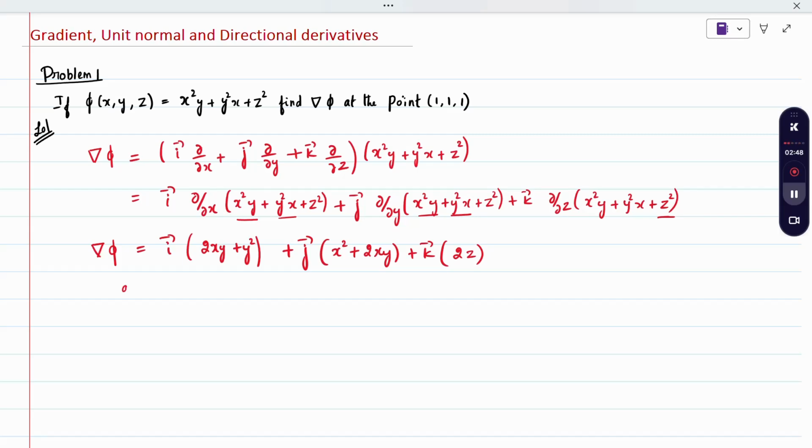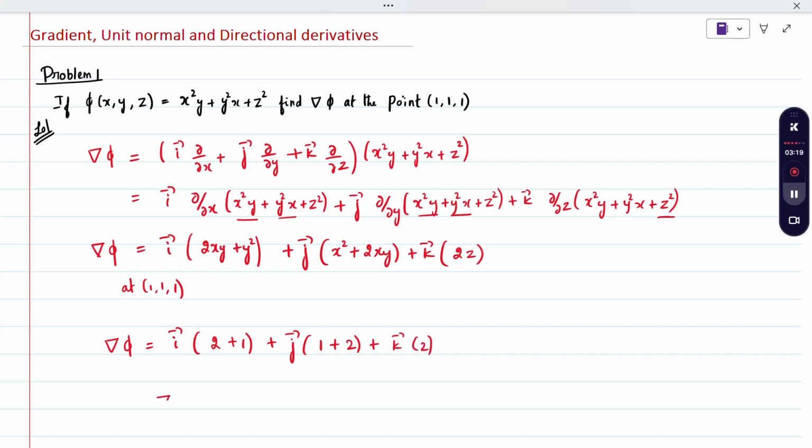So substitute at 1, 1, 1. At x equal to 1, y equal to 1, z equal to 1, you have to put in the given right hand side. So del phi is nothing but i vector as it is, 1 when I put x 1, y 1, so 2 plus 1, plus j vector 1 plus 2, plus k vector into 2.